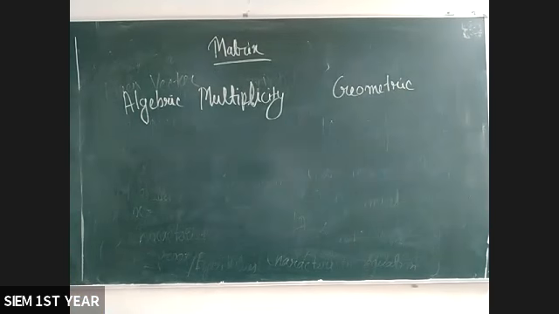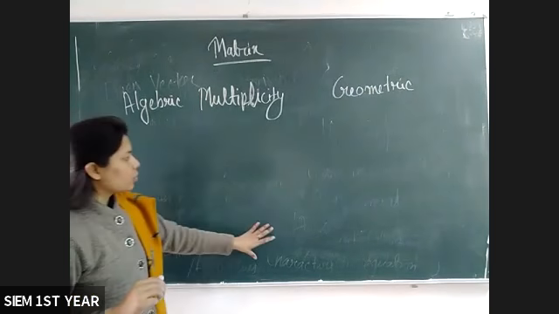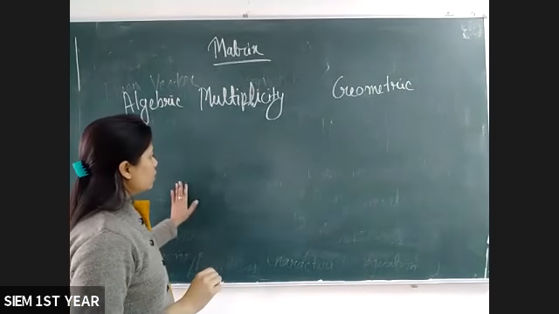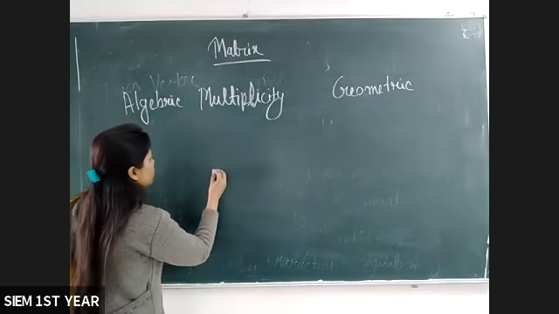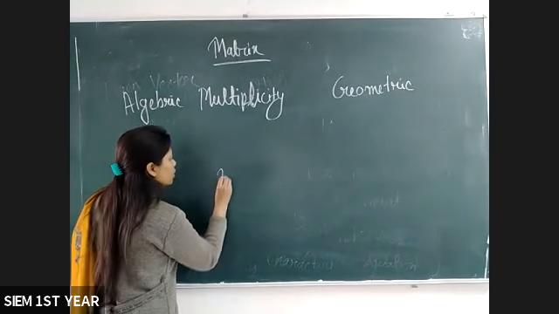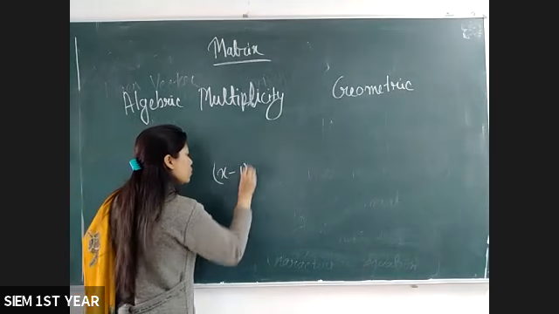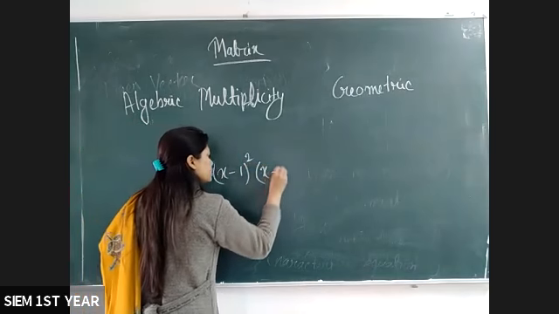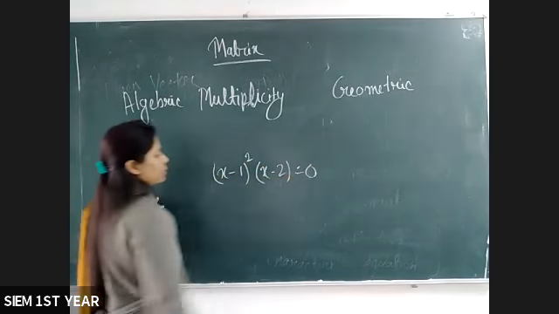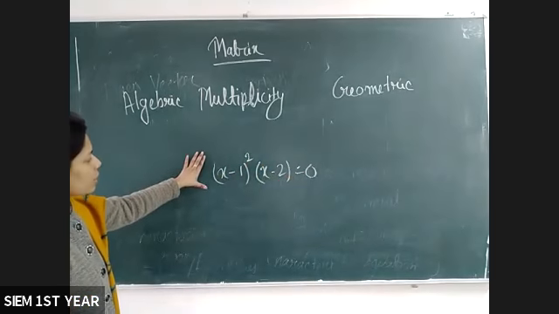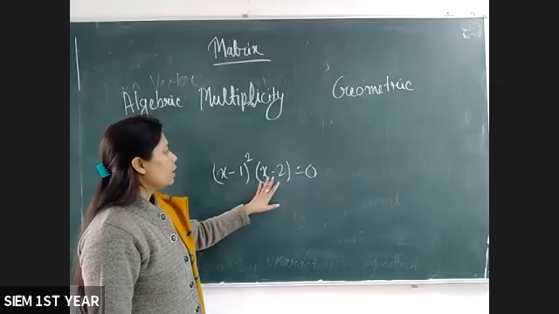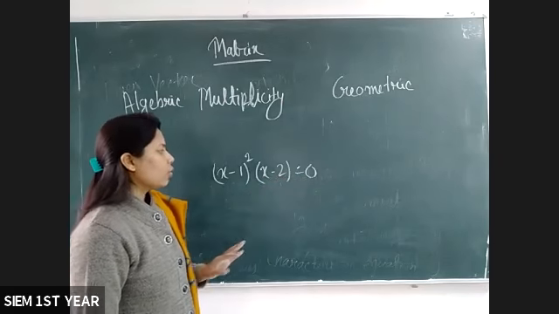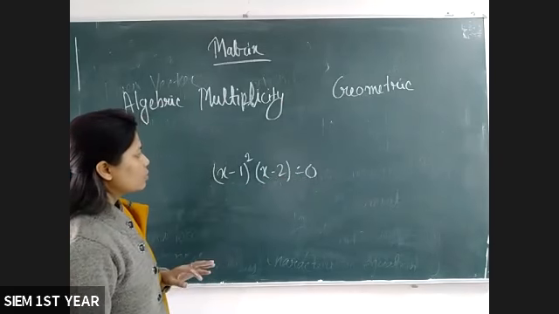So I already told you, in the characteristic equation you get an equation in x. Suppose after solving this, you get this type of equation: x minus 1 whole square into x minus 2 is equal to 0. Then you have to solve this.